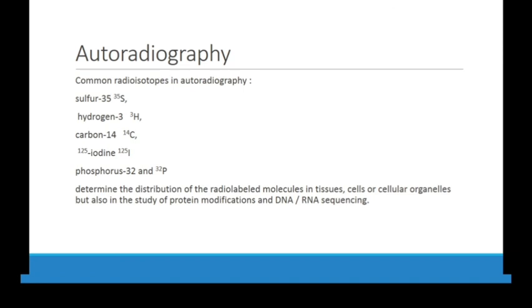You will determine where to detect the radioisotope, and the other molecular radiotracer takes these radioisotopes to the organ of interest. You can study different cellular organs and protein modification, and DNA or RNA sequencing can also be performed.